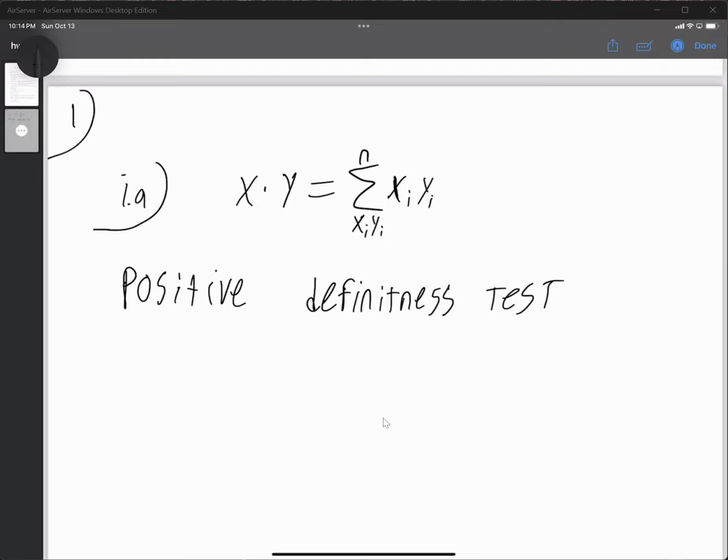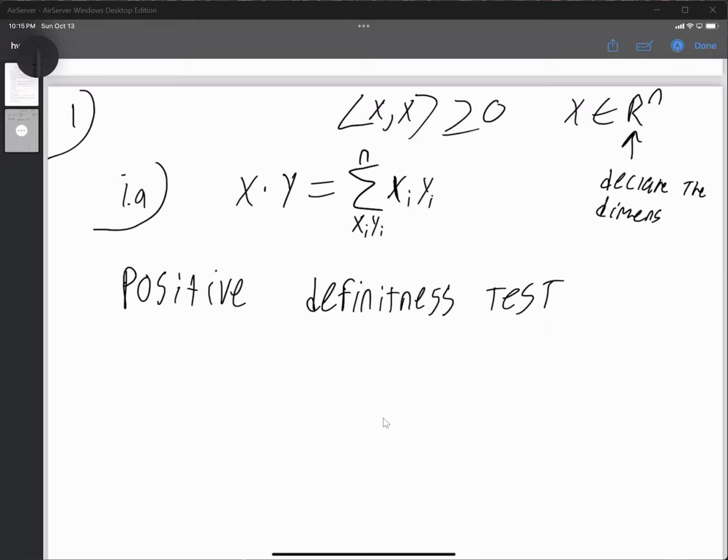We say that for any, let's say, vector such as this, it must be greater than or equal to 0 for x for all R^n, which we can call this, I don't know, this will declare the dimension, I guess.